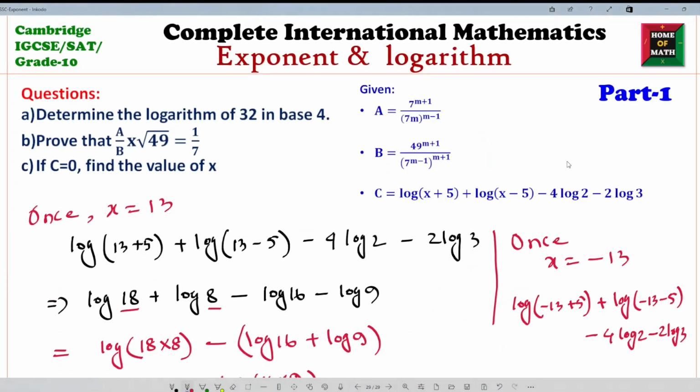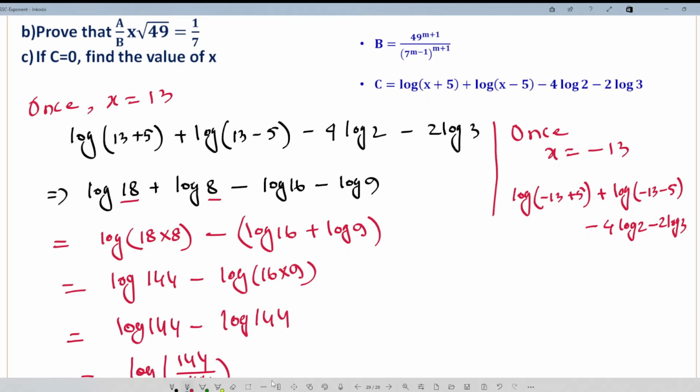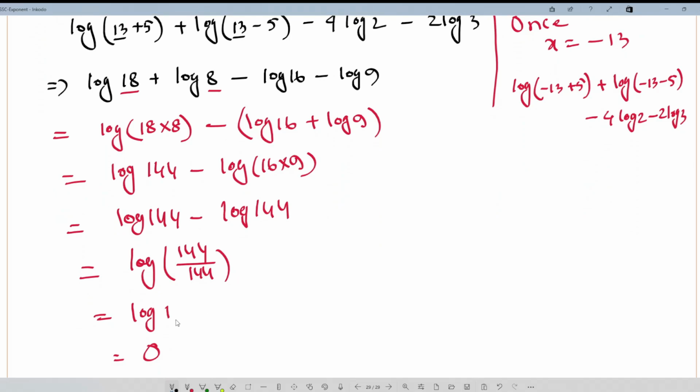Look, for verification we already did our work. We got two results, x equals plus 13 and minus 13. So once we verify the first, plus 13, we just put the value 13 instead of x, and we get log 1, which means 0. So x equals plus 13 works, okay.